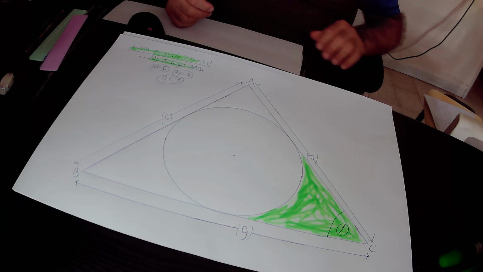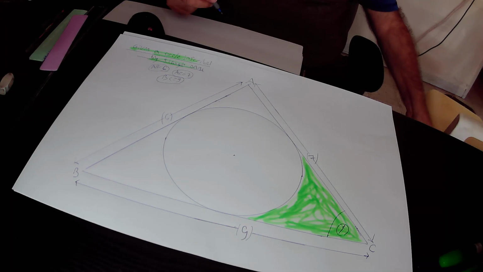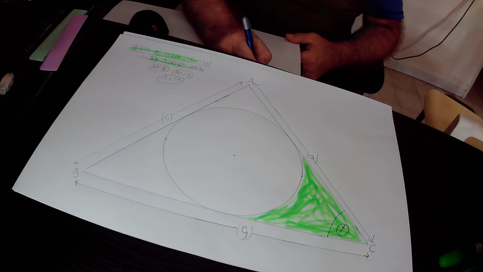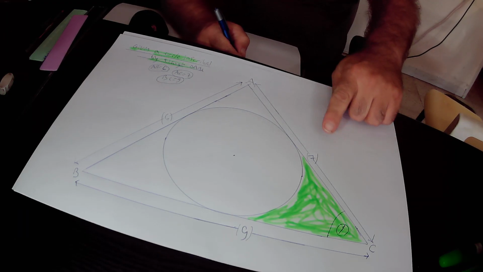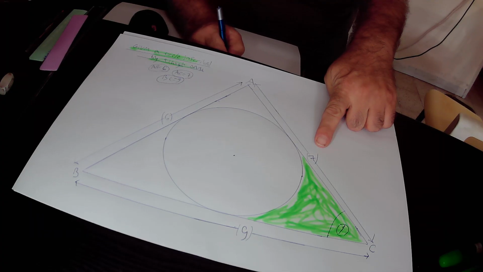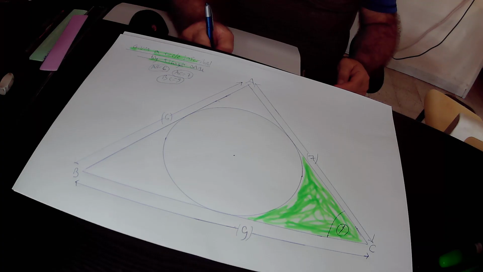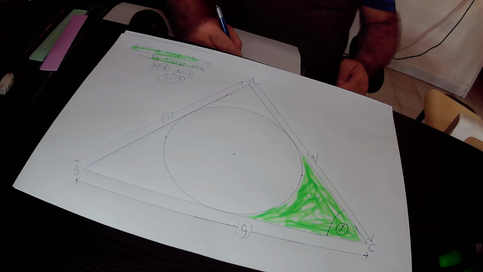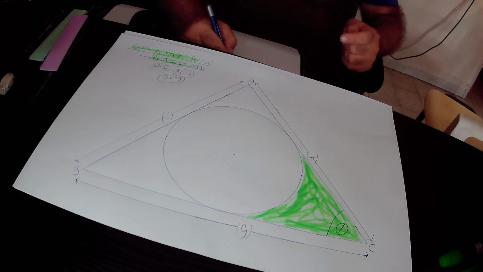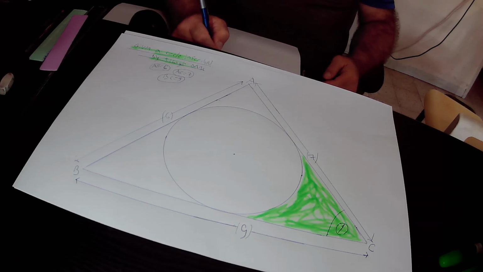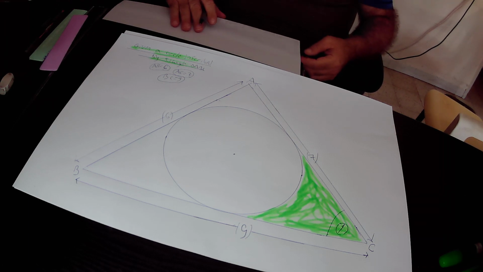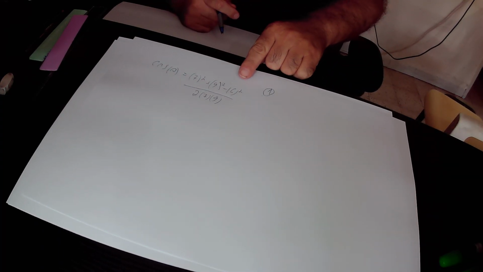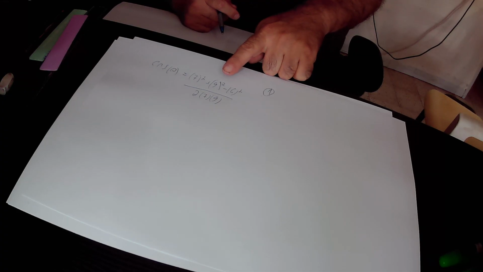According to the law of cosines, in this triangle ABC, cosine theta equals 7 square plus 9 square minus 6 square over 2 times 7 times 9.